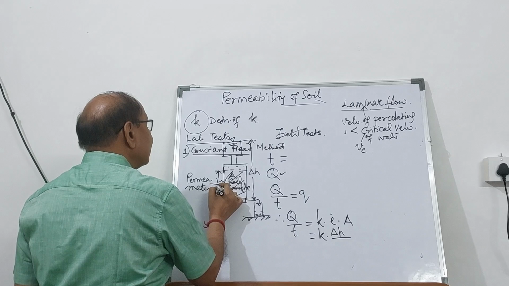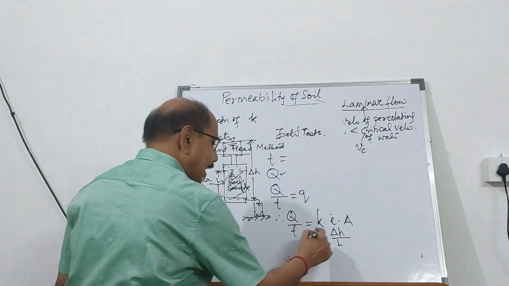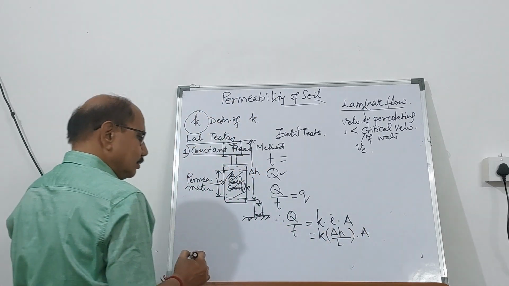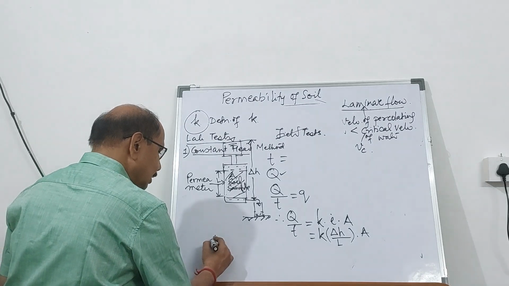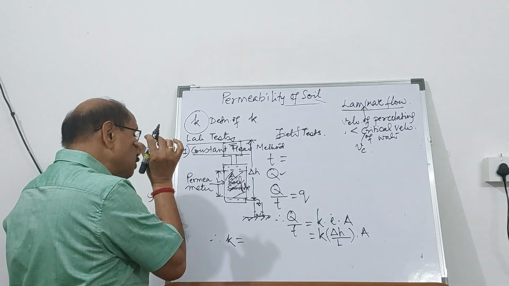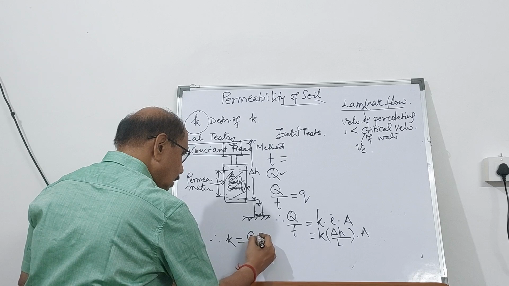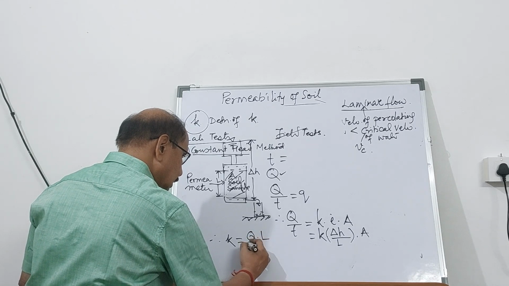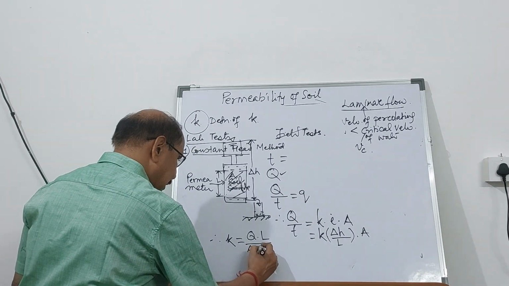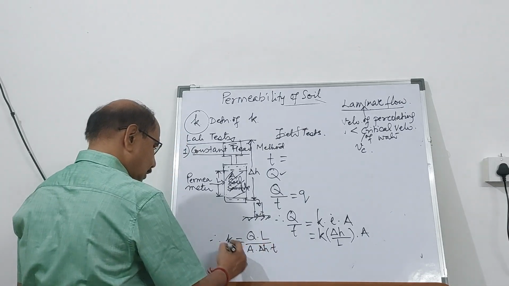So length of the sample is L. So hydraulic gradient is going to be delta H divided by L into the cross-sectional area. Therefore, you can easily find out the coefficient of permeability by constant head method, K equal to Q L divided by A into delta H into T.